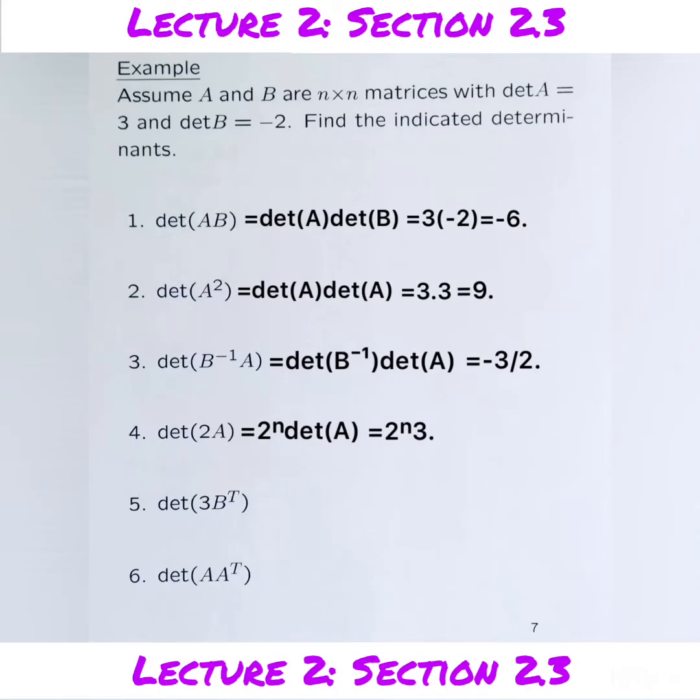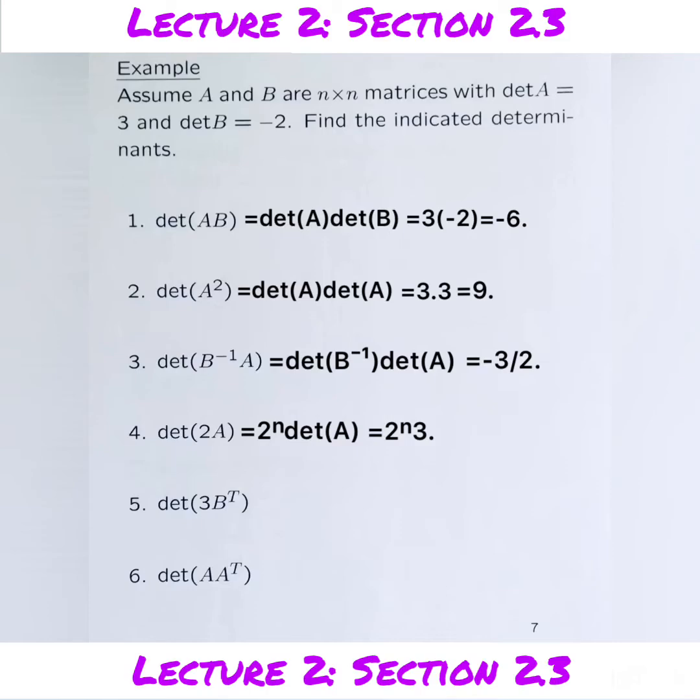Alright, let's look at problem number 5. That's again an application of the same identity used in problem 4. The determinant of 3 times B's transpose becomes 3 to the power of n multiplied by the determinant of B's transpose. And we know that the determinant of B's transpose is the same as the determinant of B. You can actually prove that identity using a similar type of inductive argument to the first proof we did at the beginning of this section.